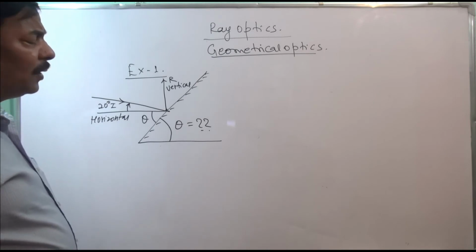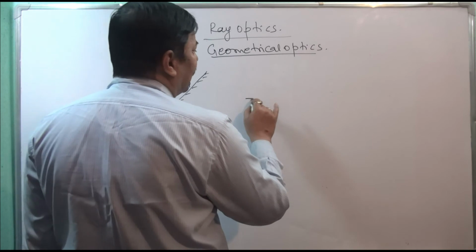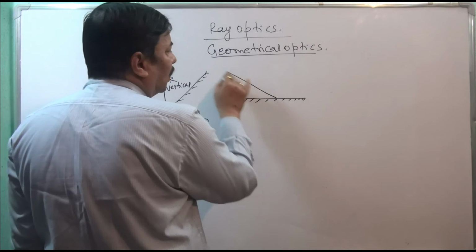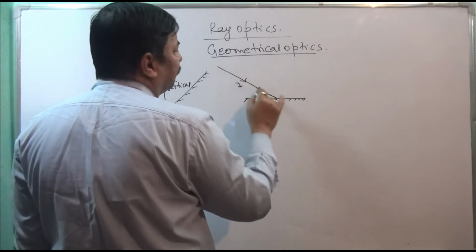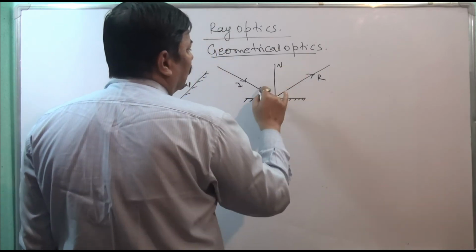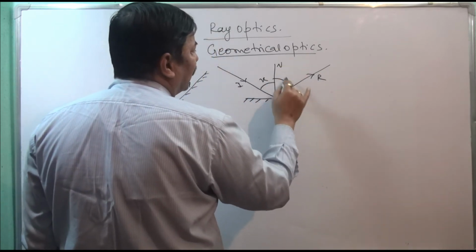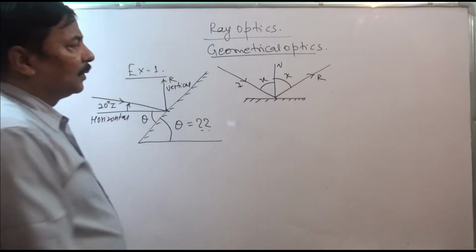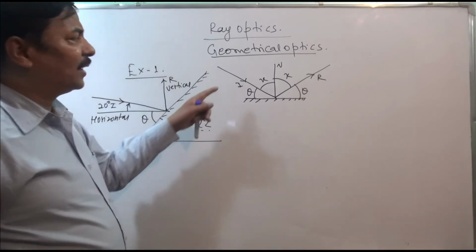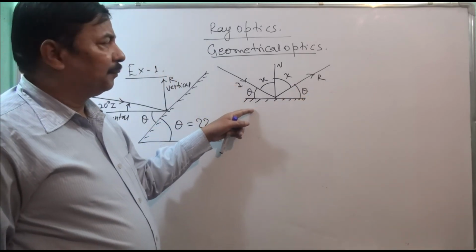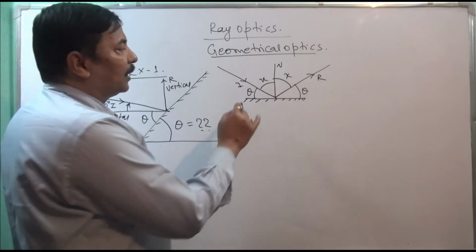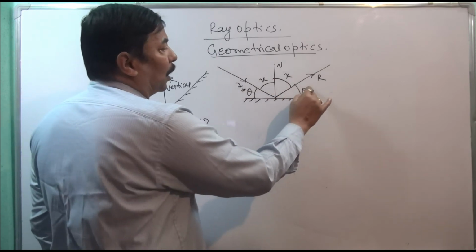Now one concept you have to understand: in the case of a plane mirror, if this is the incident ray, this is the reflected ray, and this is the normal, and this angle is x, this angle is also x, I equals r. And if this angle is theta, this angle is also theta. That means the angle the incident ray makes with the reflecting surface is the same as the angle the reflected ray makes with the reflecting surface. These two angles are equal.